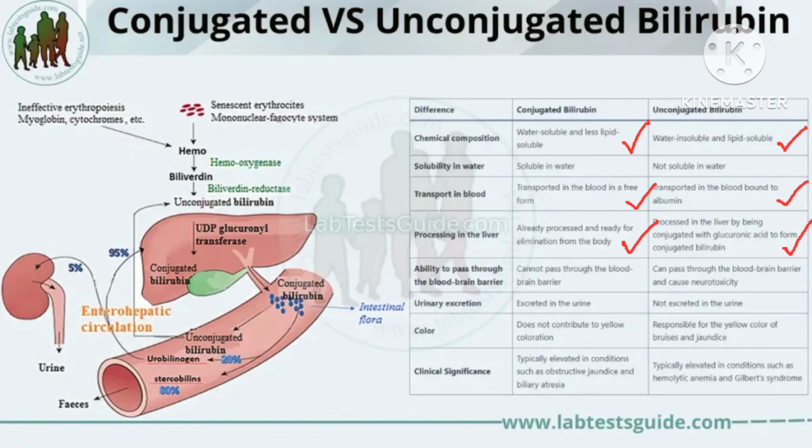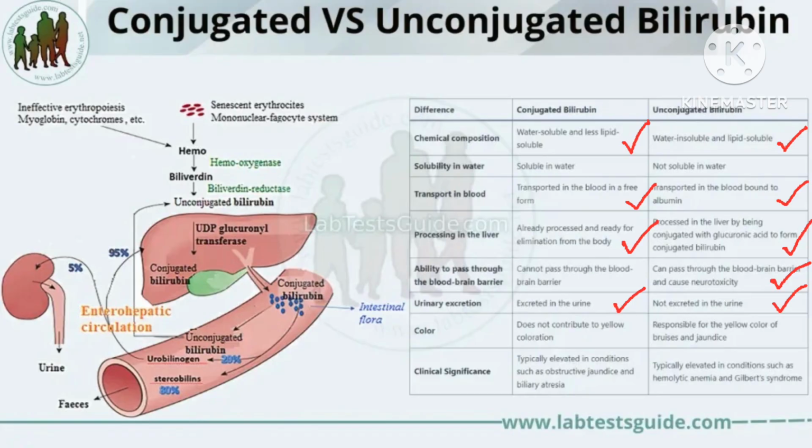The unconjugated type of bilirubin can pass through the blood-brain barrier and cause neurotoxicity. Next, since conjugated bilirubin is already ready for elimination from the body, it is excreted in the urine, compared to unconjugated bilirubin that still needs processing and will not be excreted in the urine.